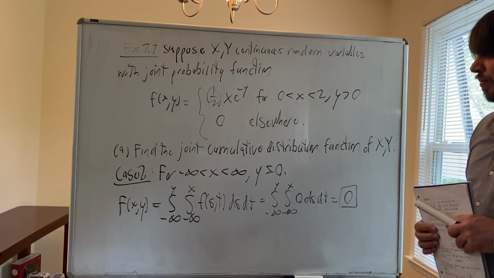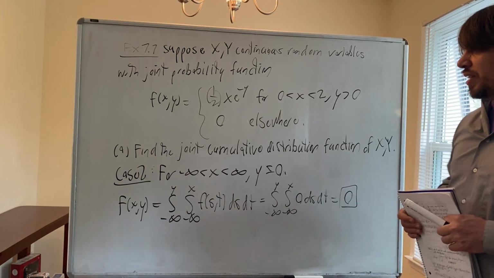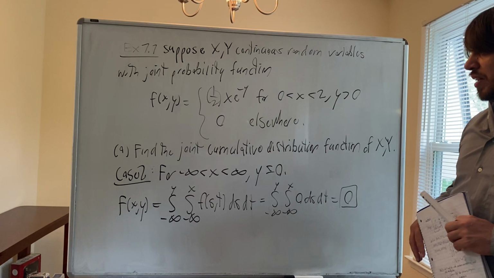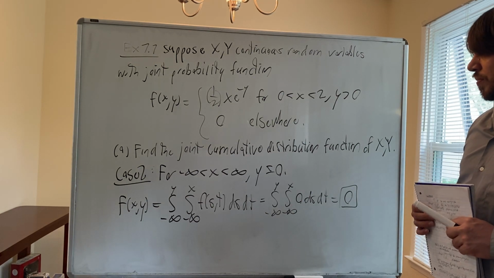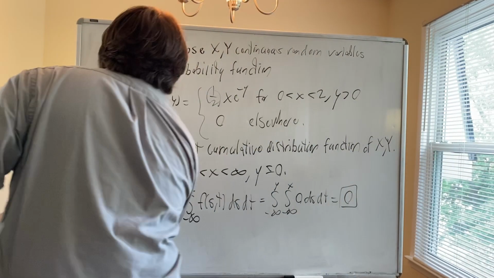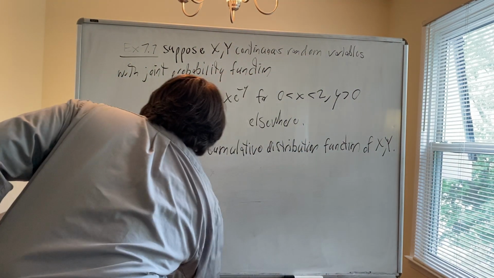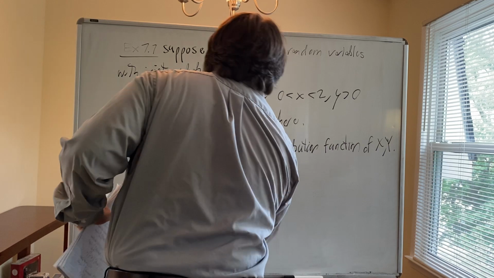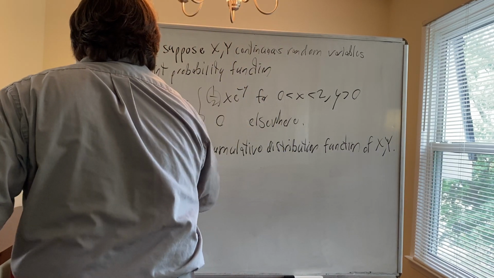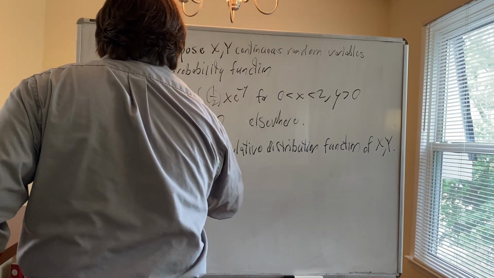Capital F is 0. That's the second piece of the joint cumulative distribution function of x, y, capital F. Now let's go to case 3. Afterwards, when I do all parts, I'll put down the final function.